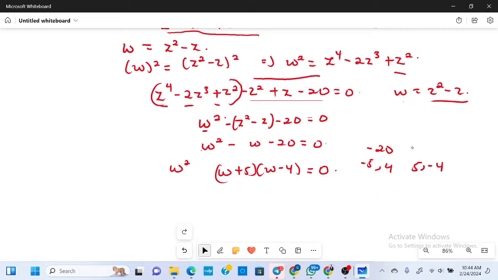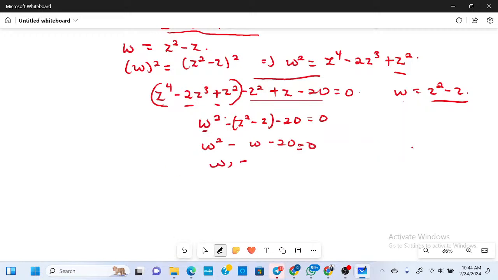I wanted us to go through the normal way, but it's going to be a waste of time since it's the basic things you know already. So let's move straight to writing the factors of W. So W is equal to 5 or W is equal to negative 4, right?